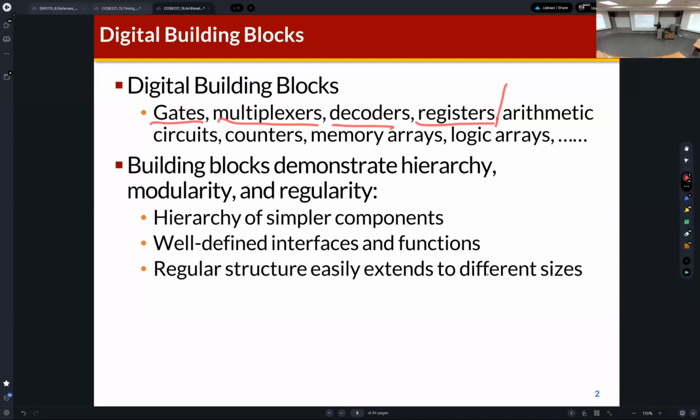We frequently use these blocks in complex systems, because using these basic building blocks, we can build a more complex system hierarchically. That's why we need to learn about the basic modules of these building blocks.